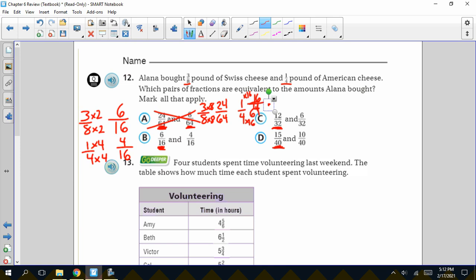And this is 4/16, which also matches, so B is equivalent. 6/16 and 4/16 are equal or equivalent to 3/8 and 1/4. We'll continue on. 3/8 and 1/4 trying to turn into 32.